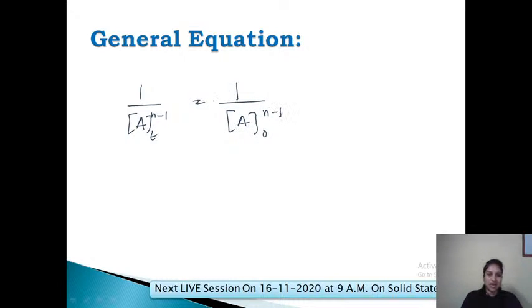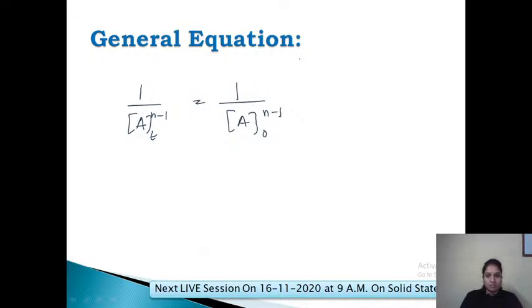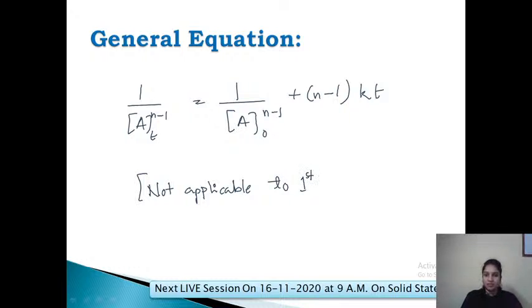Some people take it as A or R, whatever you feel like. This equation is not applicable to first order reaction, whereas you can use it for any other order reaction.